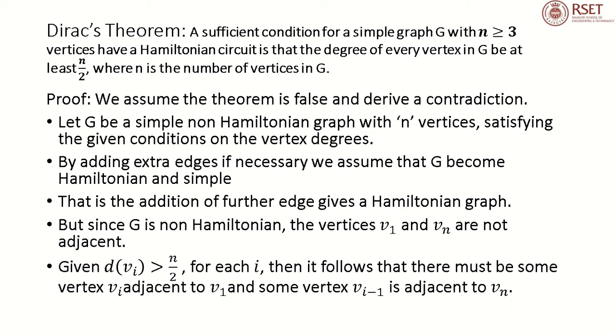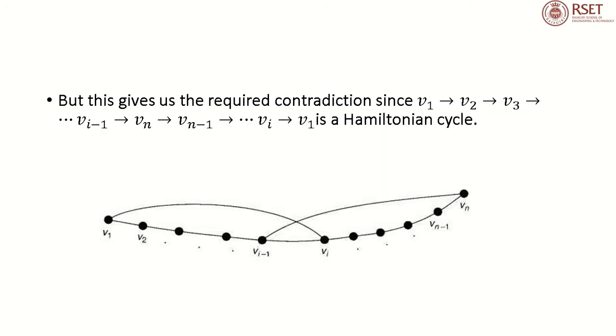But since G is non-Hamiltonian, the vertices V1 and Vn are not adjacent. It is given that the degree of Vi is greater than or equal to n by 2 for each i, so it follows that there must be some vertex Vi adjacent to V1 and the vertex Vi minus 1 adjacent to Vn, as shown in the figure.